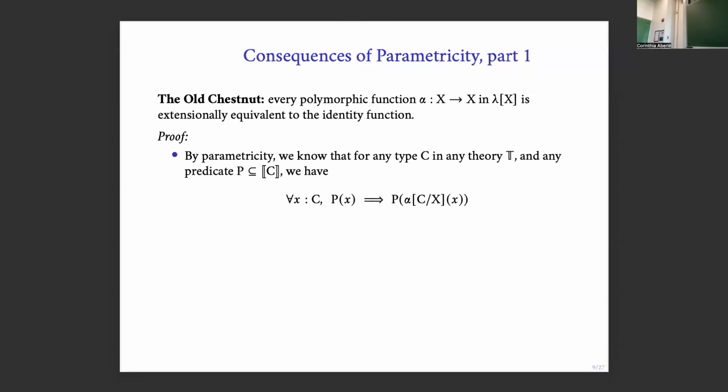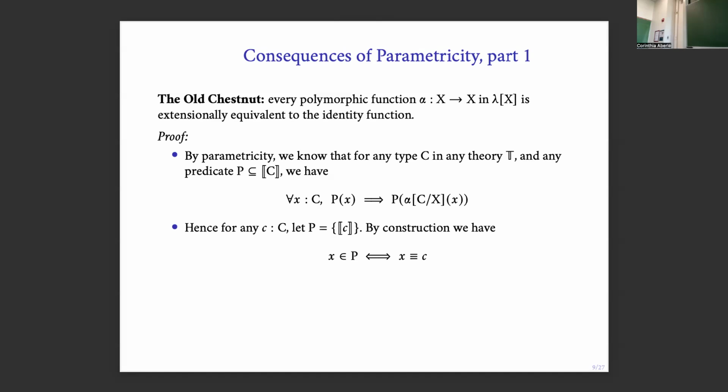So by parametricity, we know that for any type C in any theory T and any predicate P on the closed terms of C, for all closed terms X of type C, if P of X, then P of alpha with C substituted for X applied to X. And hence for any little c in C, we just let P be the singleton set consisting of the equivalence class of c.